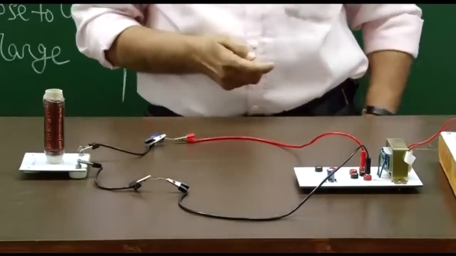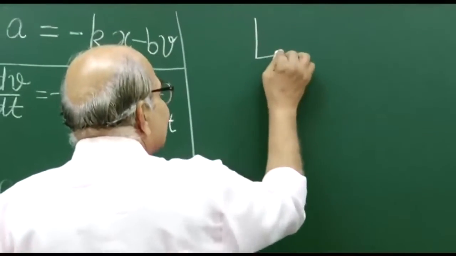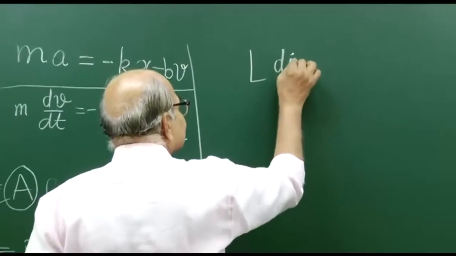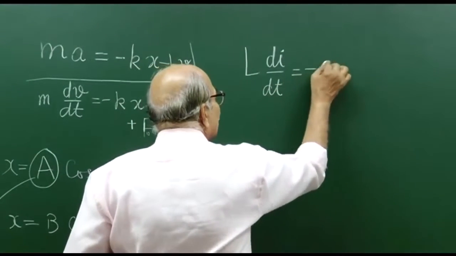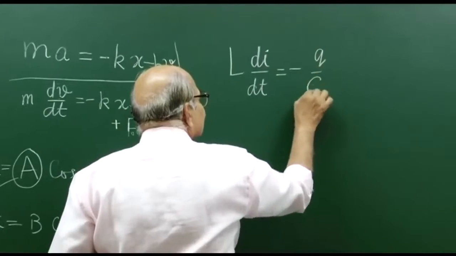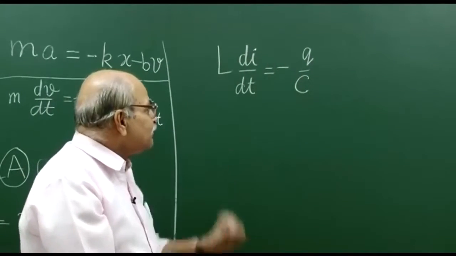What will be the equation? The equation will be L dI/dt equals minus q by C. This is the basic oscillation system.